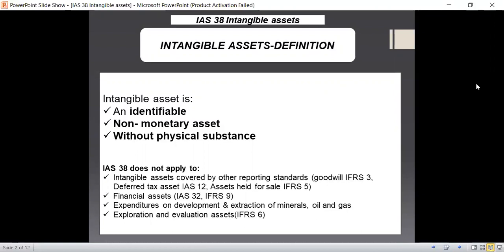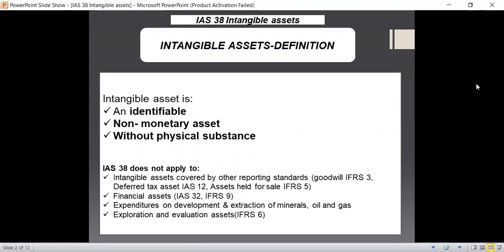Then, my dear students, there are some assets which are not recognized under IAS 38. For example, there are some intangible assets which are covered by other reporting standards. Number one, it can be goodwill, which is covered by IFRS 3 business combinations. Goodwill is an intangible asset, but it is not covered by IAS 38.